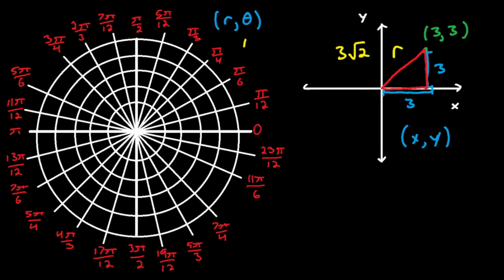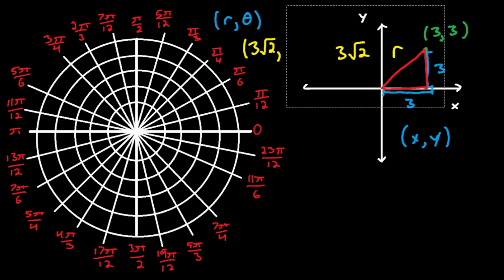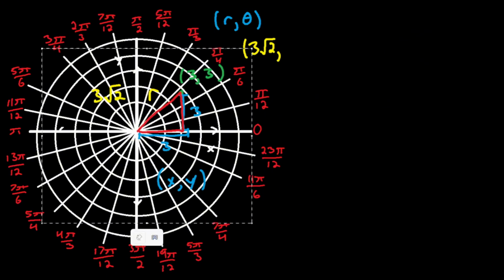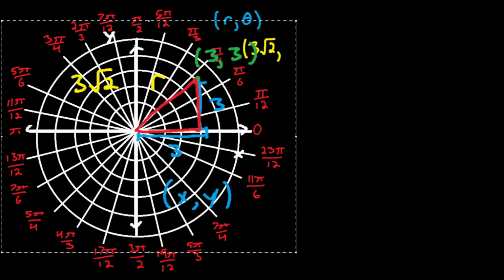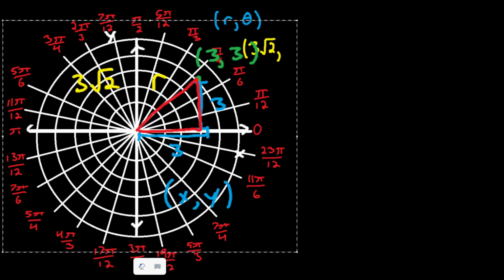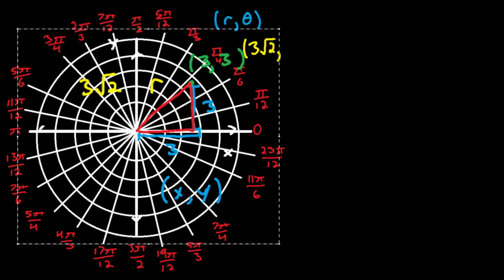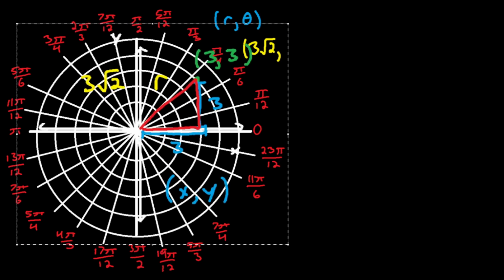Keep in mind that the actual position of your point is the same on the polar and the rectangular. So if I were to, let's say, overlay this entire guy with the polar plane, the coordinate point would be maybe, okay, let's make this to scale, like right here.